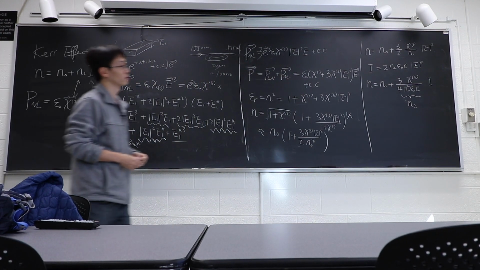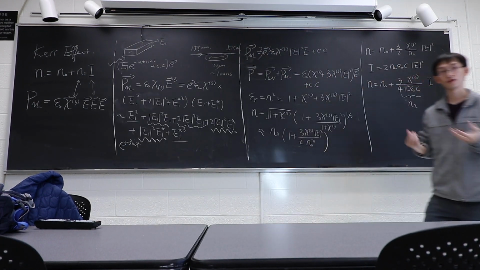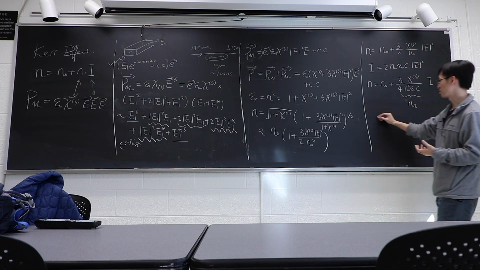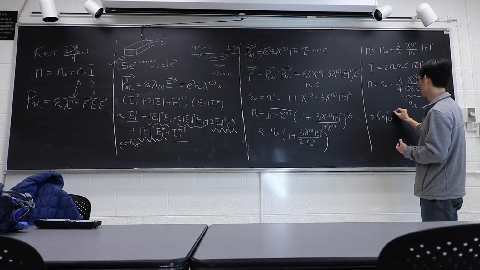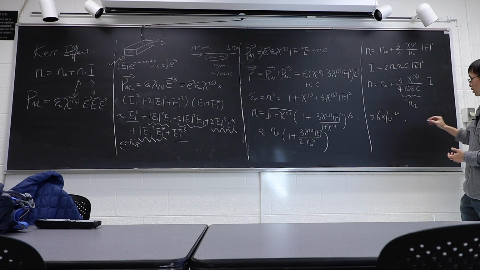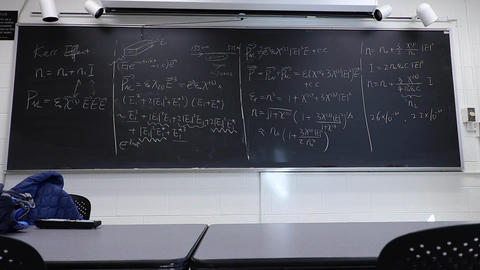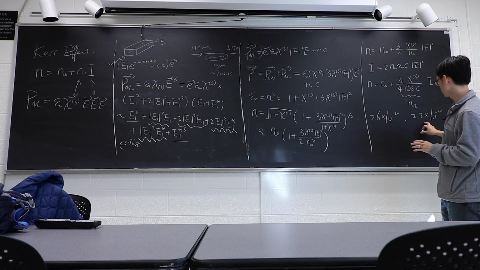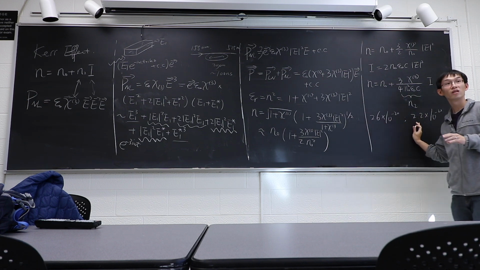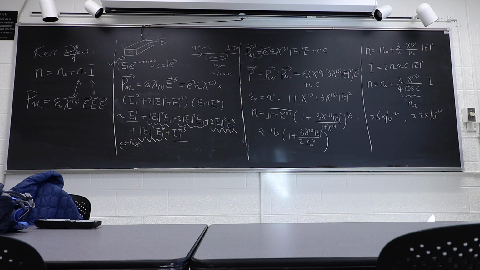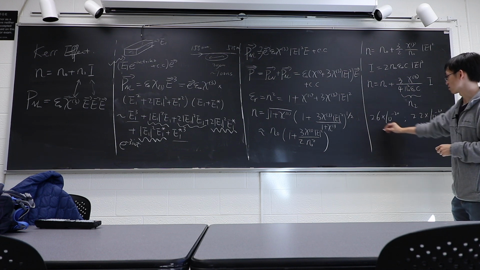For example, for silica glass, there are various sources of n2. Sometimes people write it down as 2.6 times 10 to the minus 20. I think my group uses 2.2 times 10 to the minus 20. The fact is that none of us have measured it. We're just quoting numbers from the paper. And you will actually be surprised if the error is less than 10%. It's actually pretty huge. And for some materials, there's no number because nobody ever measured it. Okay, so keep that in mind.